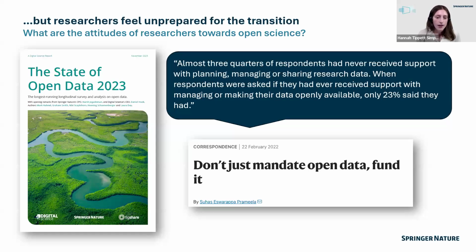There are rising requirements and workload, lack of time, tools, and expertise, and frankly, little reward or recognition for actually doing the right thing. So we're effectively asking for a cultural and behavioral shift, but many researchers are being left to navigate it alone, and that's not a sustainable model. So the question for us as publishers is, how do we help?